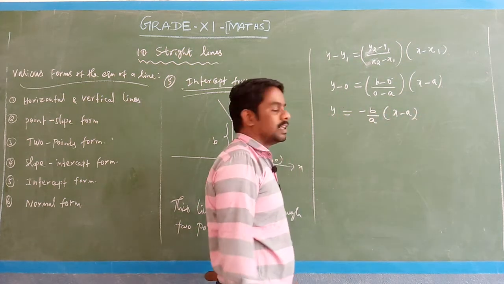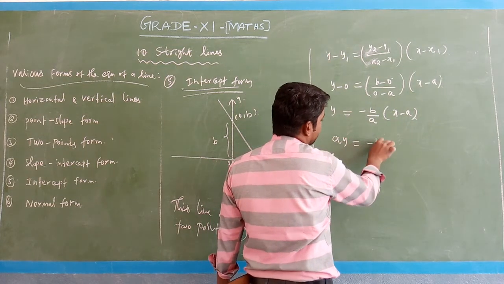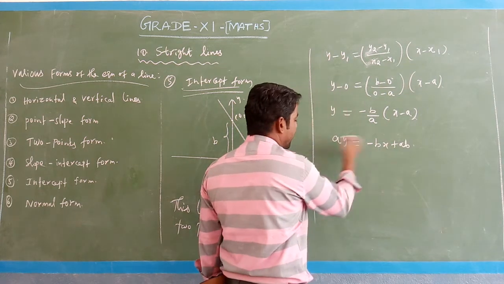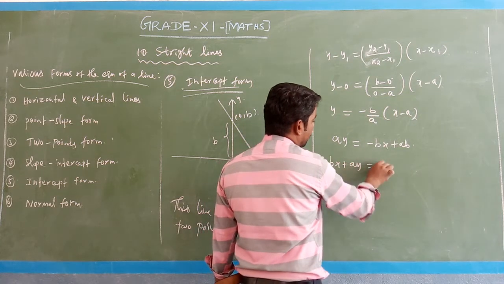Multiply this out: ay equals minus bx plus ab. Shifting the minus bx term, bx plus ay equals ab.